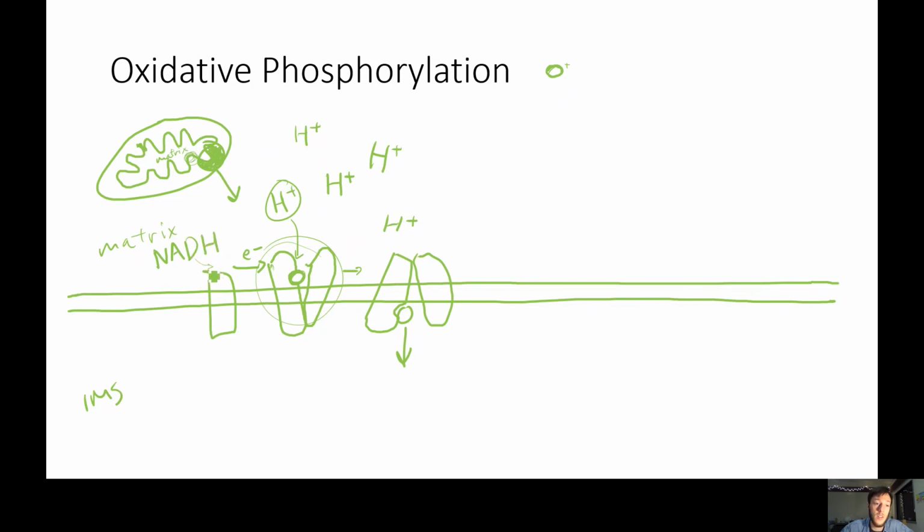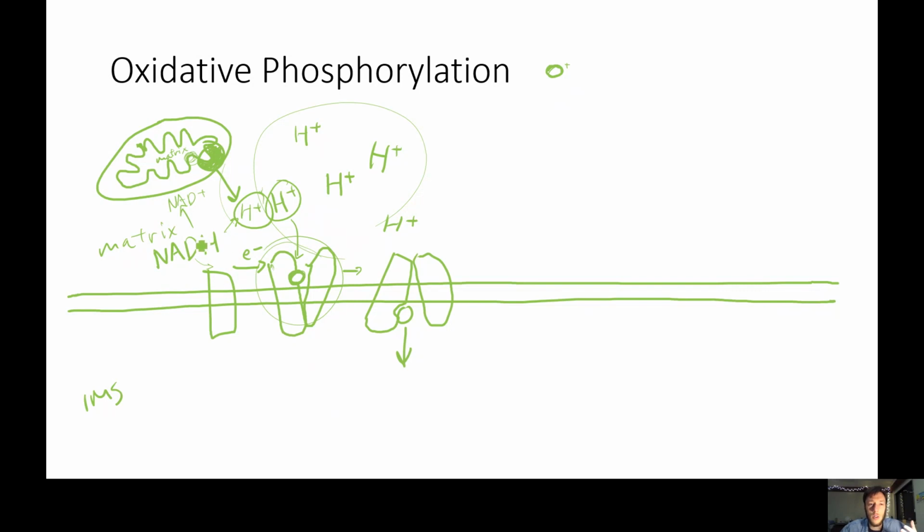And so in donating this electron, now this is going to break into NAD plus and H plus. Well, how convenient is that? It breaks into H plus as well, increasing the concentration of hydrogen protons on this side so that we have stuff to work with, right? So isn't that just like beautiful?